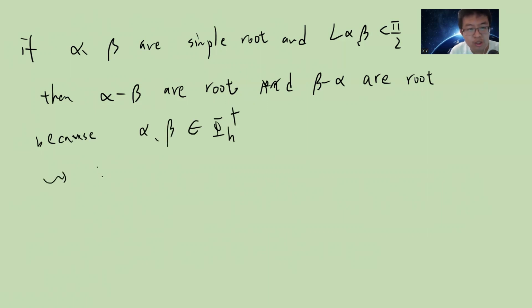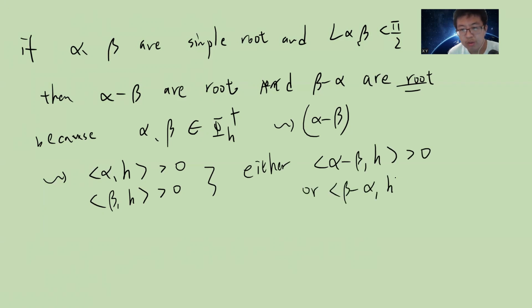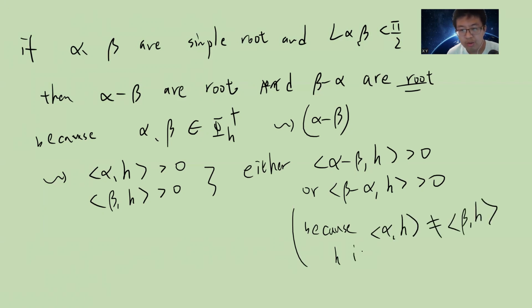So basically alpha·h is greater than 0 and beta·h is greater than 0. Also notice that alpha minus beta is a root. If you combine these two, then either alpha minus beta with h is greater than 0, or beta minus alpha with h is greater than 0. Obviously one of them must be true, because alpha·h cannot be the same as beta·h, because h is regular. So this is very important.